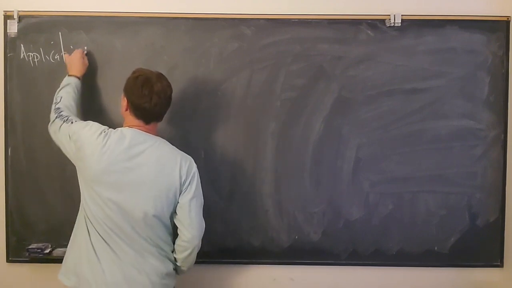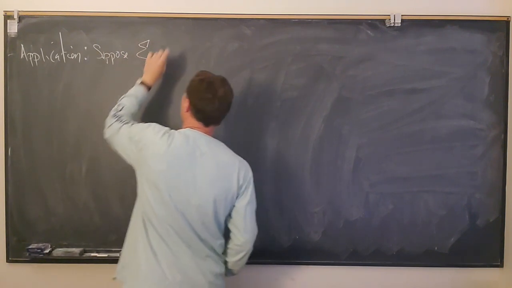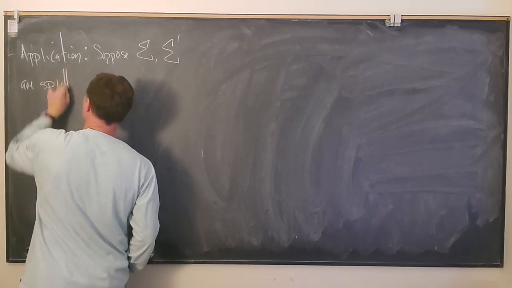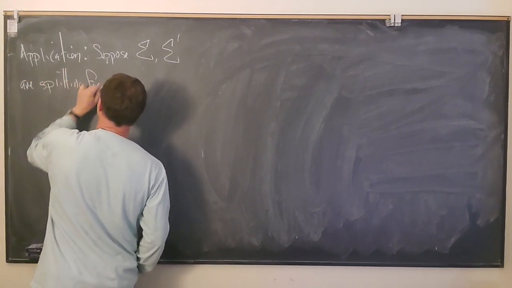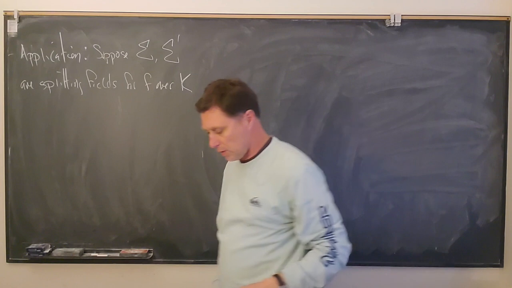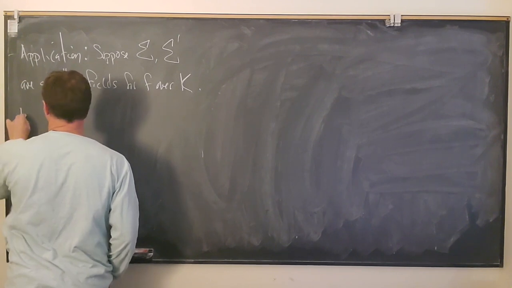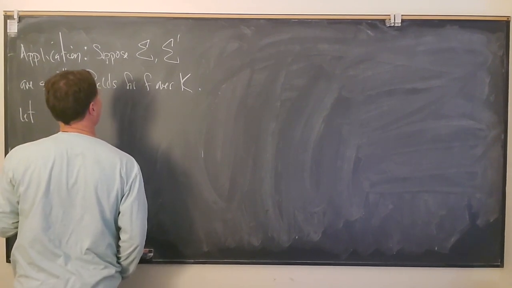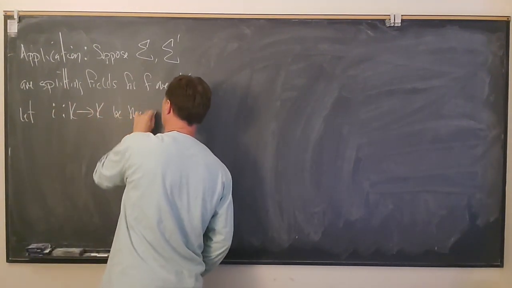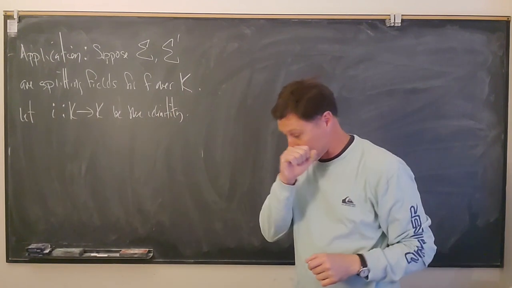So suppose sigma and sigma prime are splitting fields for f over k, and so let's let I from k to k be the identity, which obviously is an isomorphism from k to k.